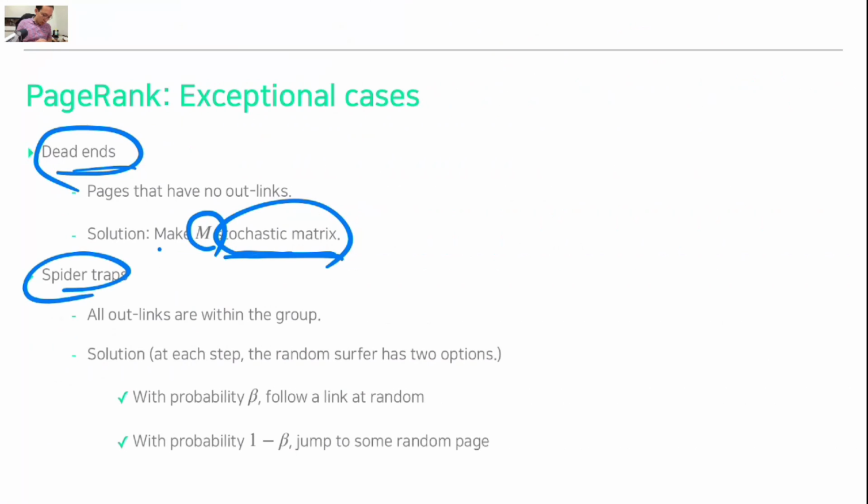The second exception case is the spider trap, where all links are within the group. To avoid this, we put some probability beta.